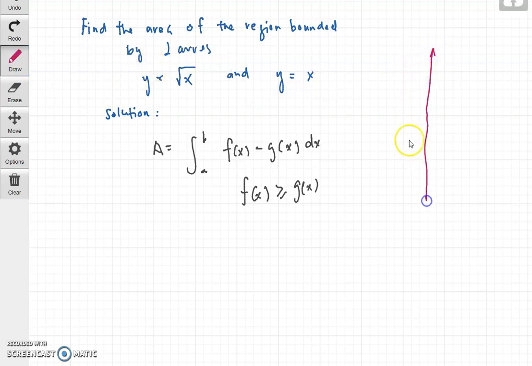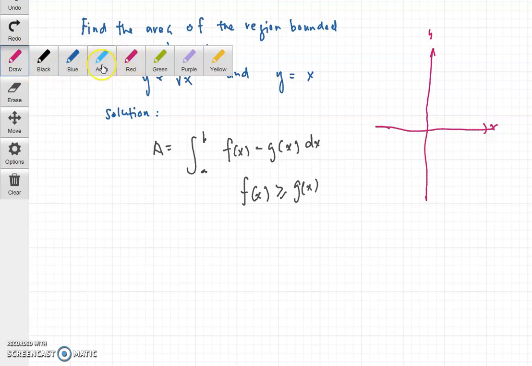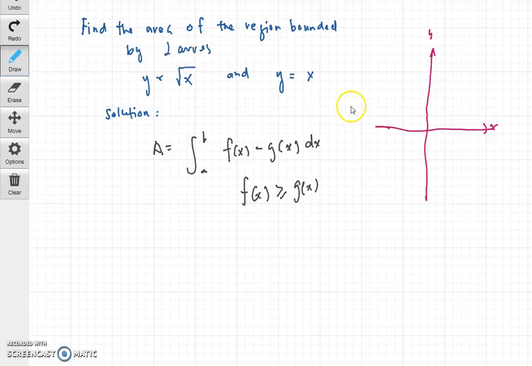Let's say here you have the x and y axis. The first graph I use the color aqua, y equals square root of x. We are going to start from 0 to this part. This is the y equals square root of x graph.